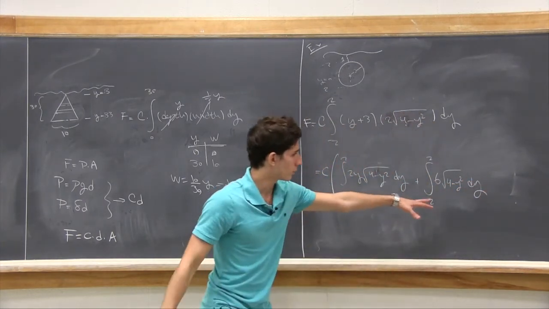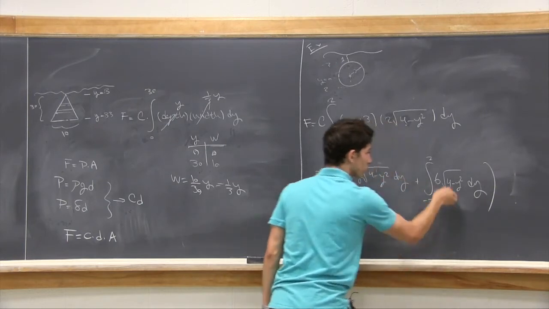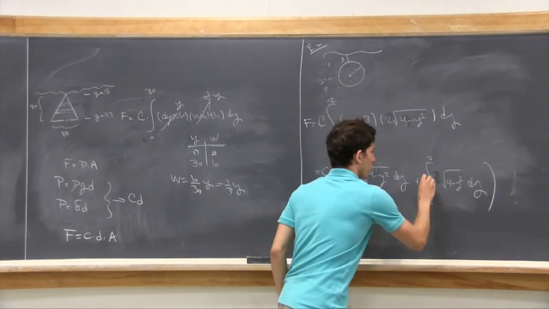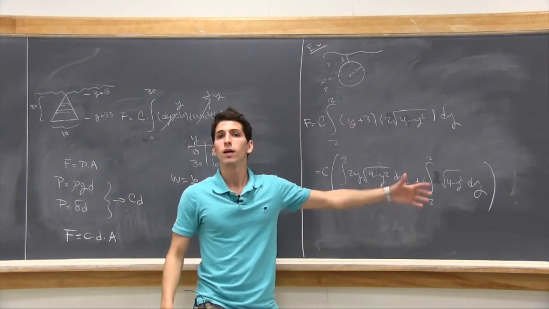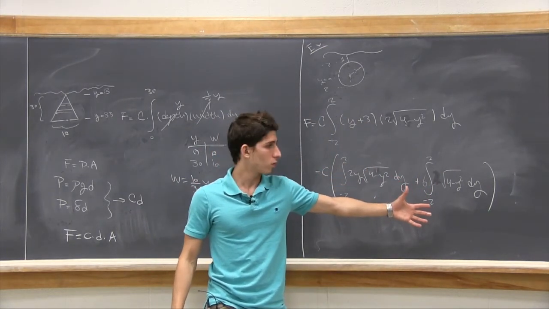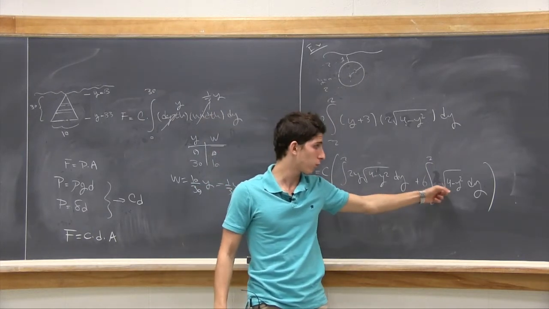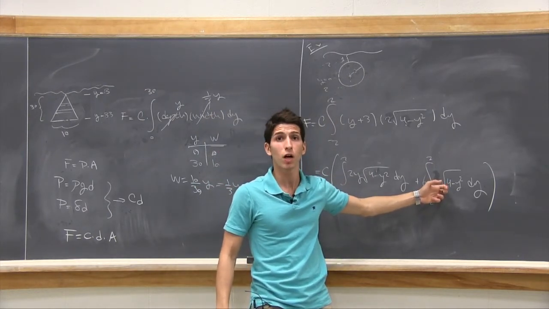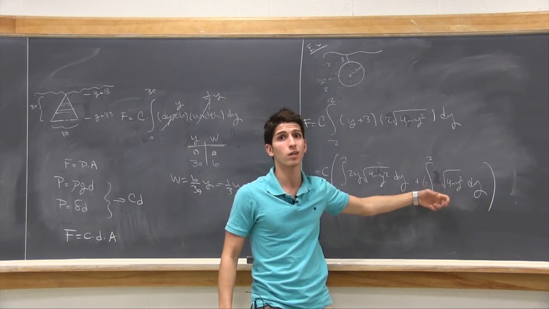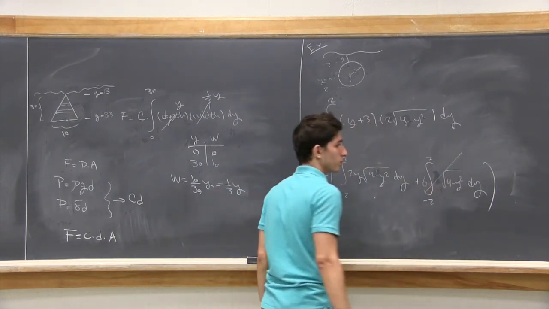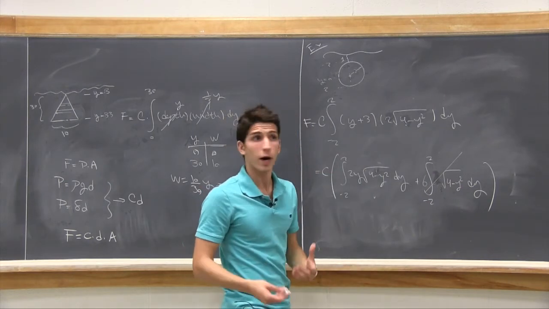I'm going to notice something really quickly over here, I'm going to take the 6 out, that this guy is just the area of the semicircle, the right semicircle, because it's not the full circle, because it's just plus square root of 4 minus y squared, not plus or minus.